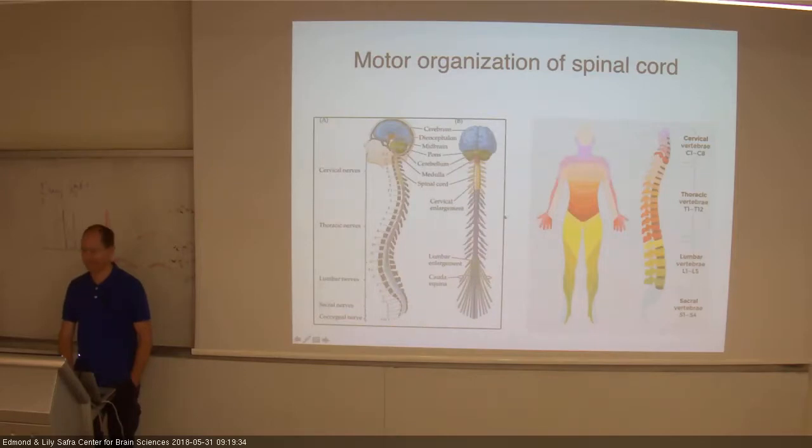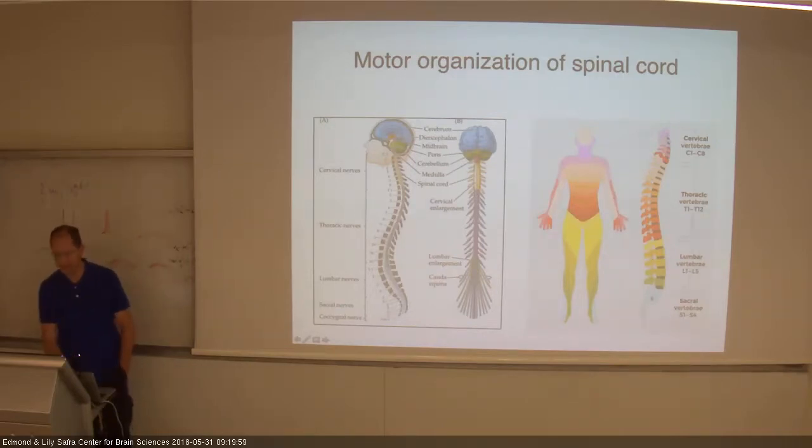You can see how these different segments in the spinal cord control different areas and get input from them. The cervical segments are important for the neck and this part of the hand. Then we go to the thoracic, which you can see are in charge of these red parts, and then as you go down also in the segments of the spinal cord.